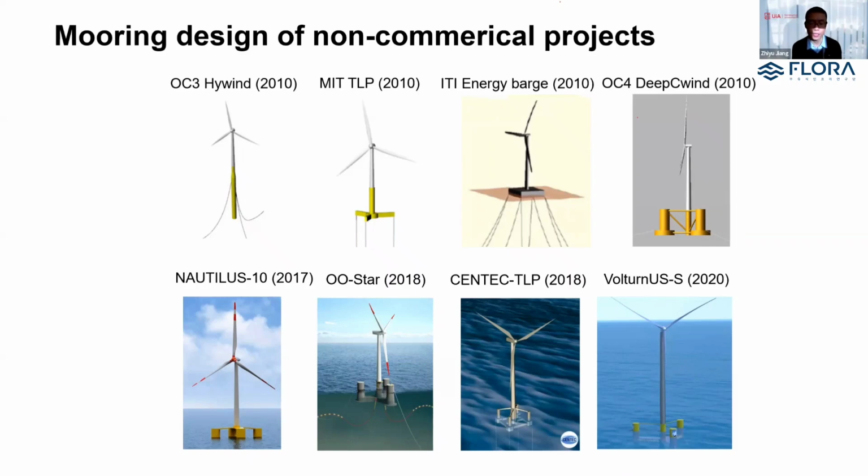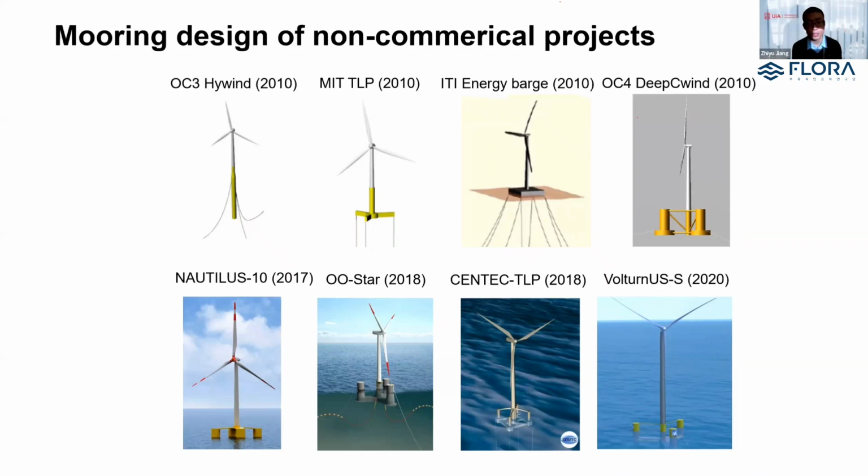But I have to say that usually the design of the mooring systems of those academic projects are less detailed, and they have not really considered all the limit states. And oftentimes the moorings provided can also be unrealistic. For example, for the OC3 Hywind project, they only use a 90mm chain for the entire mooring system, right?